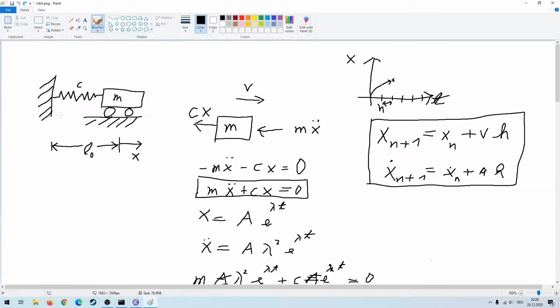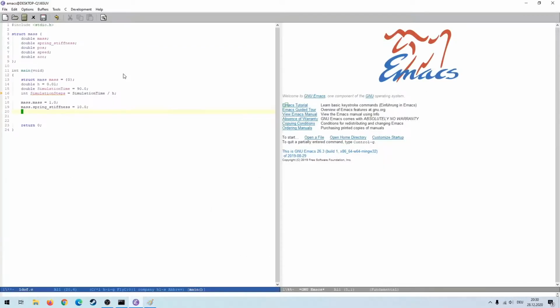Let's go back to our system. If we have position 0, we do not have any spring forces acting on our mass, so the mass is going to stay at 0 indefinitely. So that's also not very useful. So let's go with an initial position of 10 meters. We're going to be calculating everything in SI units.